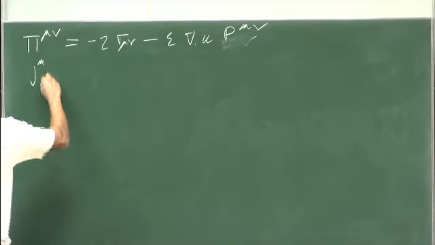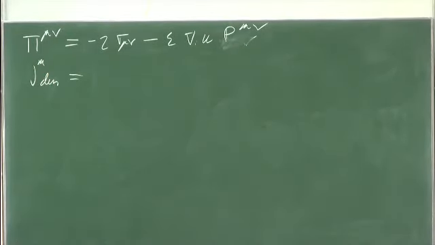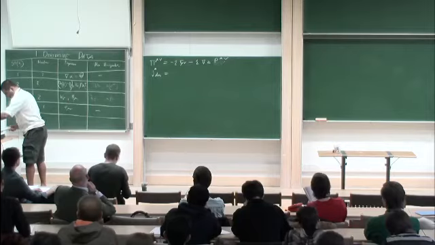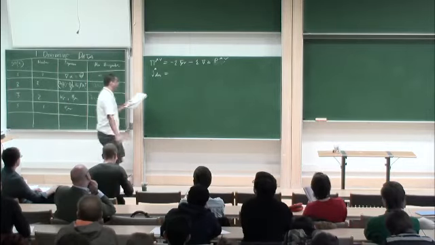And j mu dis was equal to, and I'll use the notation that I will give you the results in later on.